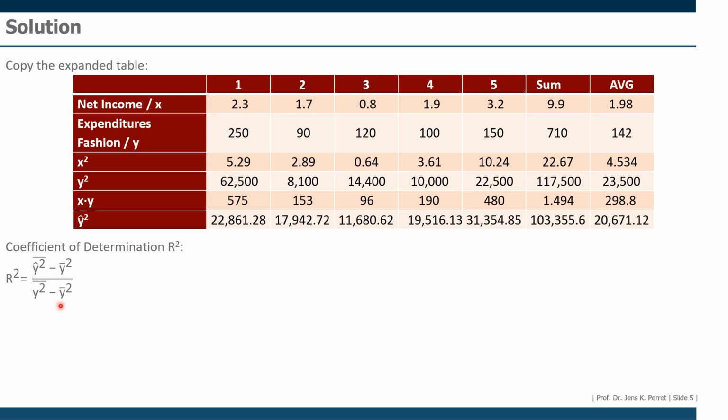Then we have here y, the average, that's 142 to the power of 2. And here y squared, the average, that's the 23,500. So if we insert this, we get as a result 0.152.